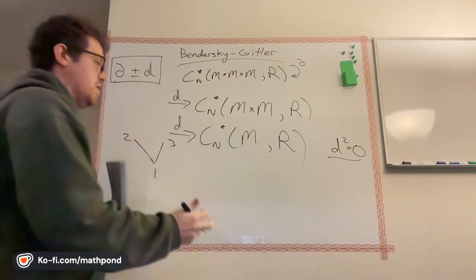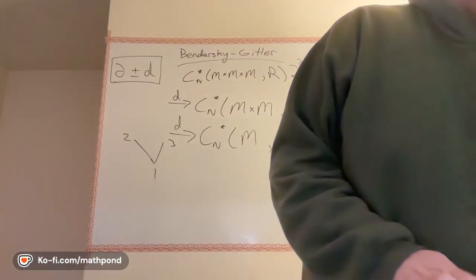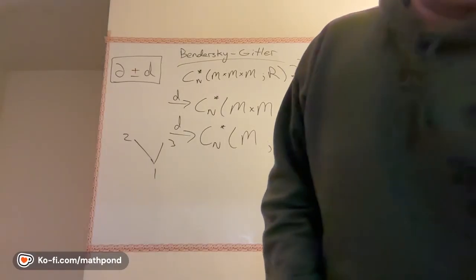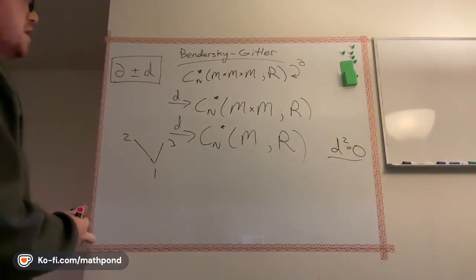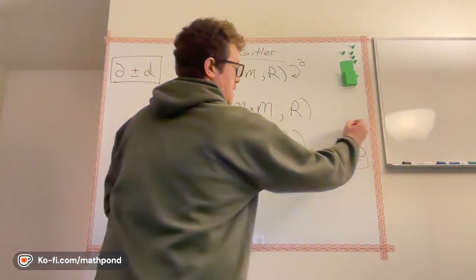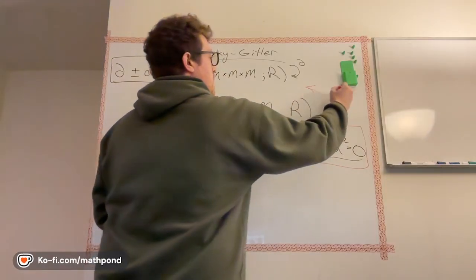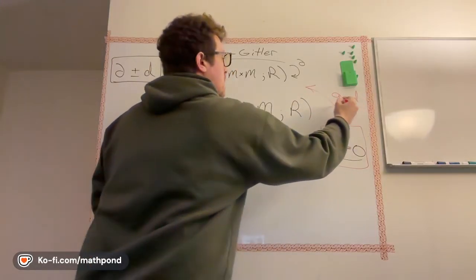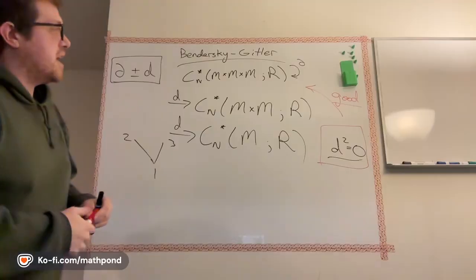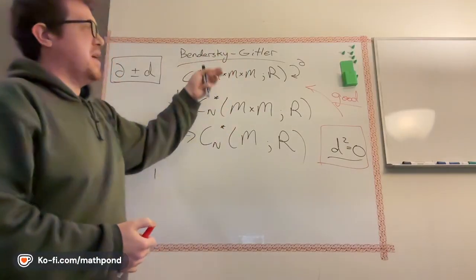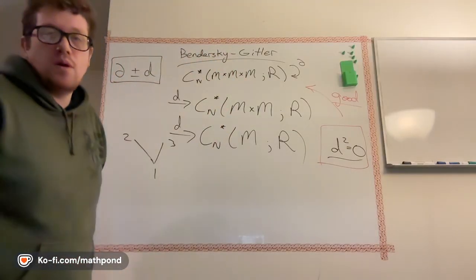Right, so let me just rewrite what I just said. So here d squared is 0, this is good. But it's bad because we can't do any computations with this space. So this thing would actually compute what we want.